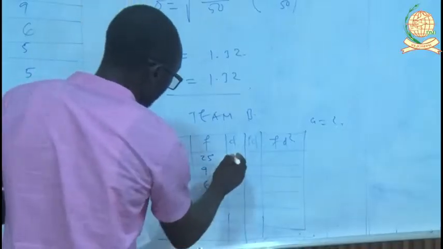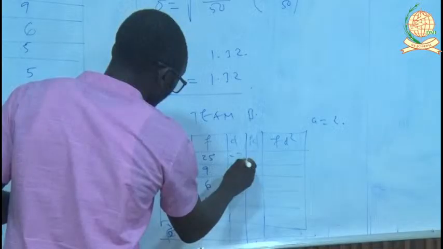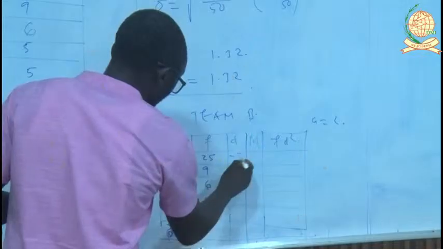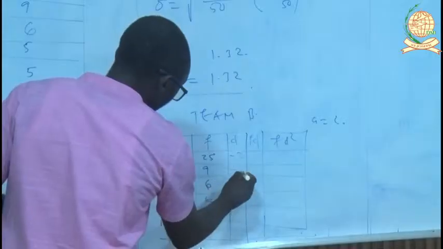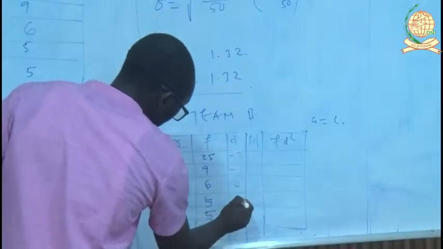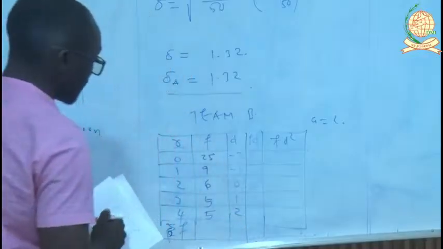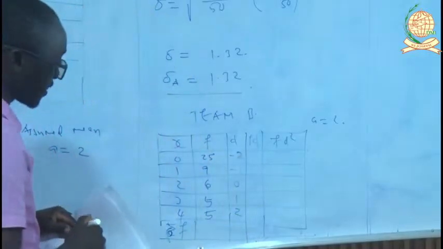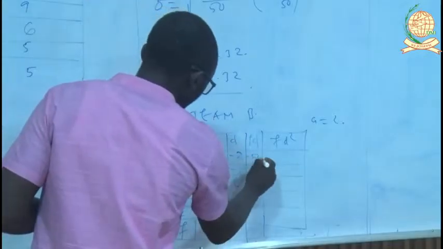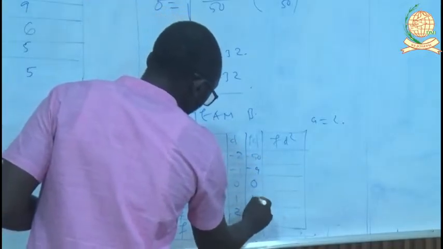So 0 minus 2, negative 2, 1 minus 2, negative 1, 2 minus 2, 0, 3 minus 2, 1, 4 minus 2, 2. Then fD, the product of frequency and deviation. In this case, fD is negative 50, negative 9, 0, 5, 10.